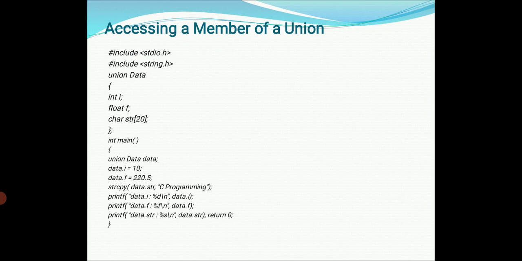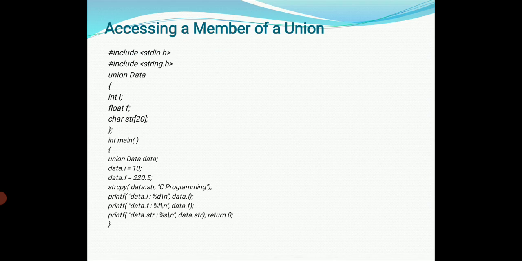Then str[20]: this is a character array, declared with the data type char. These three data members are enclosed within opening and closing curly braces and end with a semicolon. This is the definition of the union.